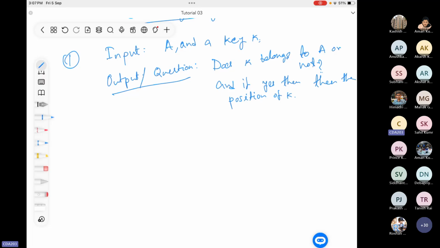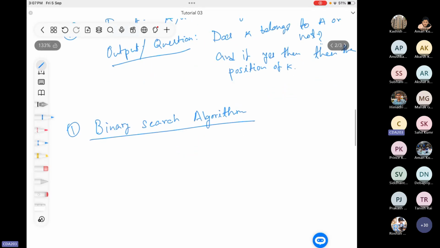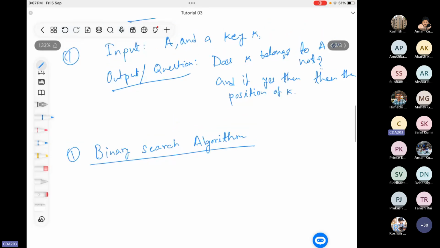This is the linear search thing. The first problem we'll deal with is the binary search. It's a very easy and basic problem. See, binary search cannot be applied to just any array.